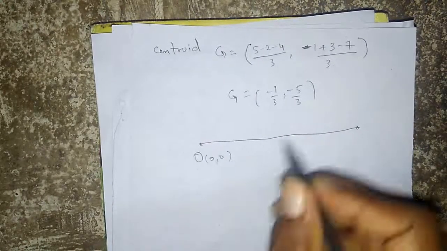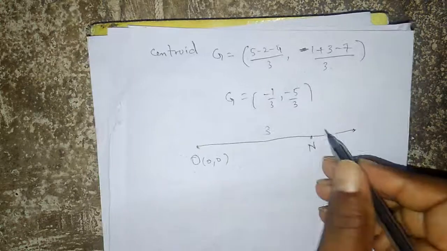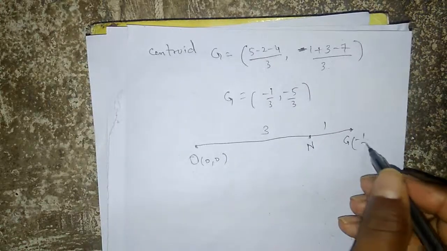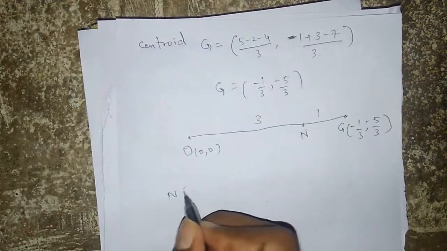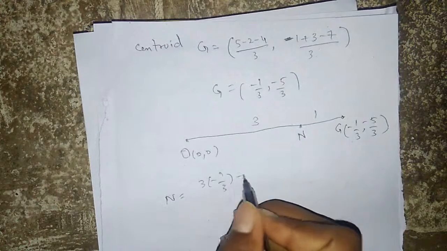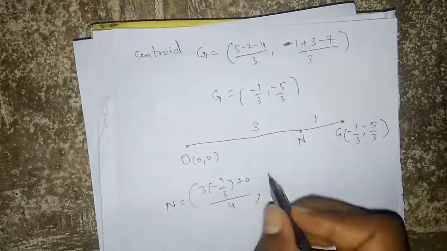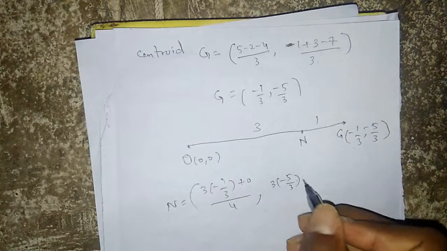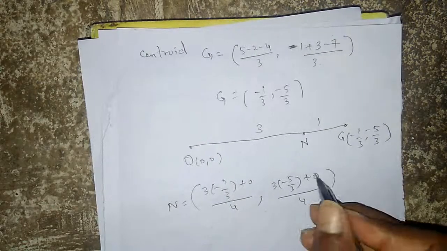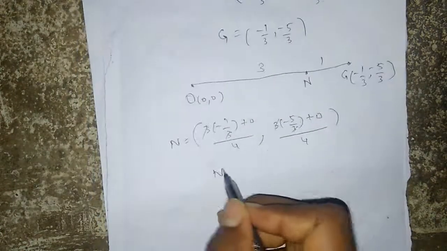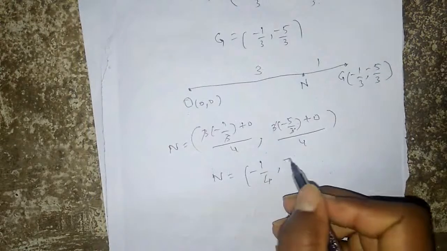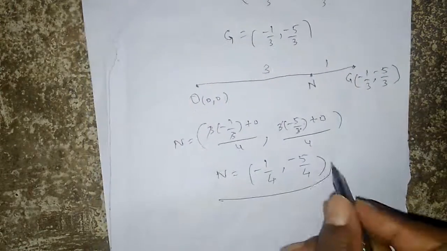This is centroid. Now this is orthocenter 0, 0. This is N. N divides OG in the ratio 3:1. Apply the section formula. N is 3 into minus 1 by 3 plus 0 by 4, 3 into minus 5 by 3 plus 0 by 4. Here 3 gets cancelled, 3 gets cancelled. Therefore 9 point circle center is minus 1 by 4, minus 5 by 4.